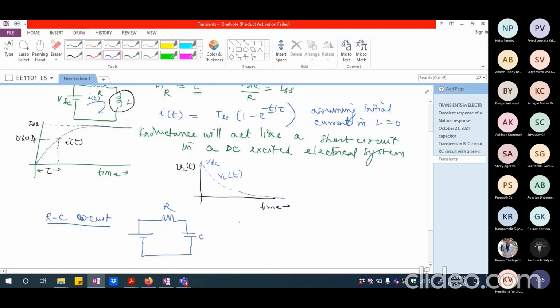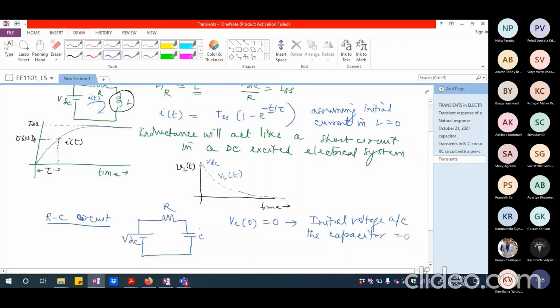So I'm going to assume that Vc of 0 is 0. That is, the initial voltage across the capacitor is 0. Now this is VDC.